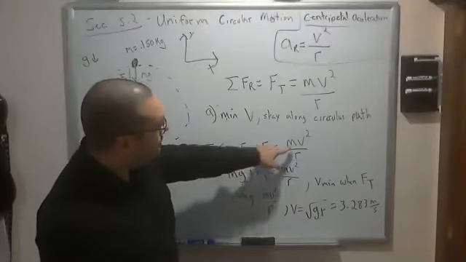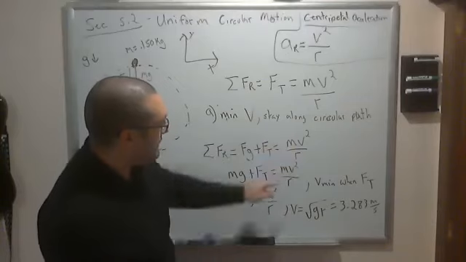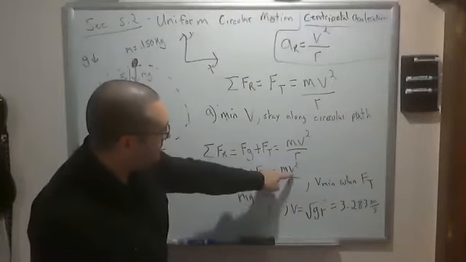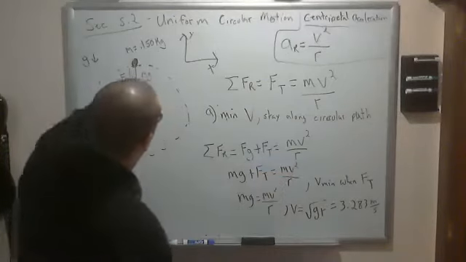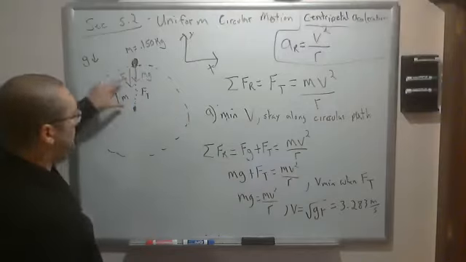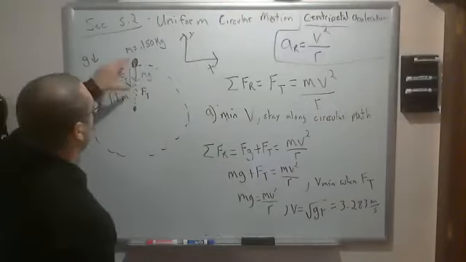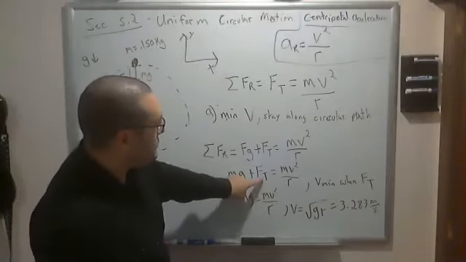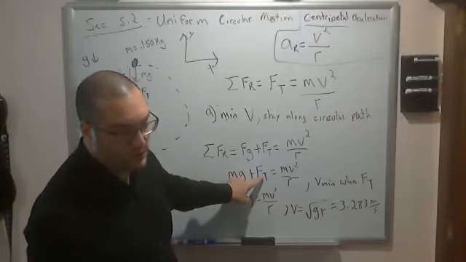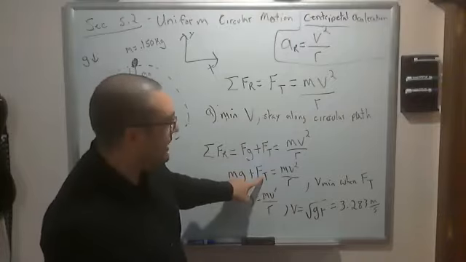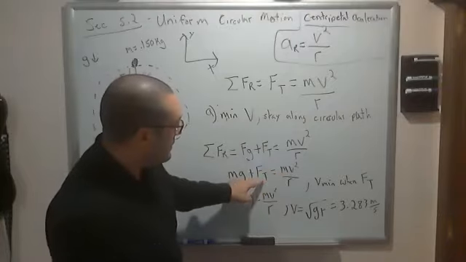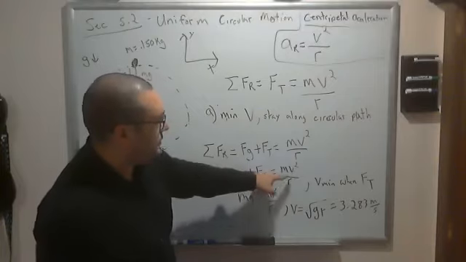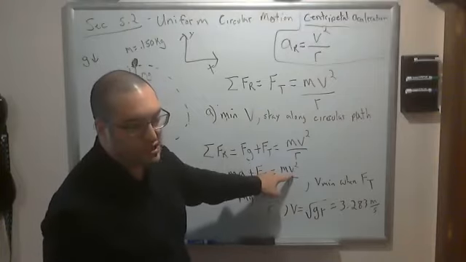You want to make V the smallest possible. So we don't change the chord length, we don't change R, we can't change M. The only thing that we could change in this equation is the tension force. To minimize this V, if we reduce the tension force to 0, this will make V the smallest it could possibly be.